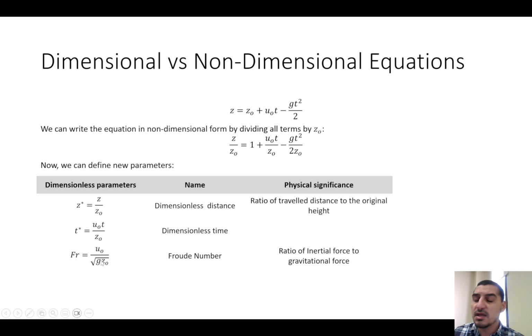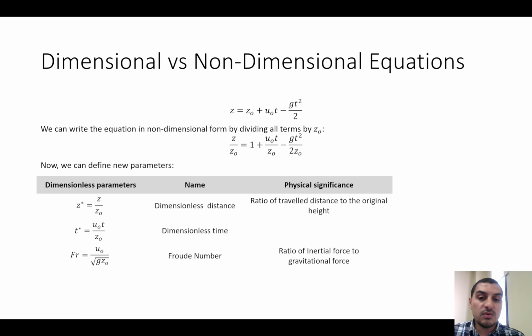Again, this is something we mentioned last time about the importance of the dimensionless numbers: they give us some information about the system. It's like the Froude number here. If you know that there is a system that has a high Froude number, it means that it has high inertia relative to the gravitational forces. So you expect this body to travel upward for a bigger distance compared to systems with a low Froude number.